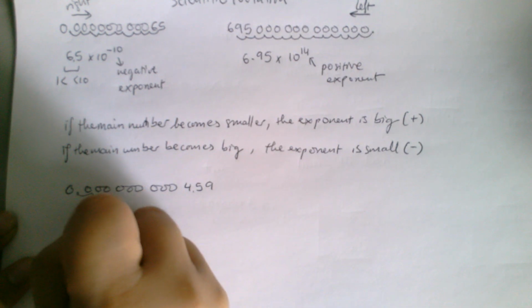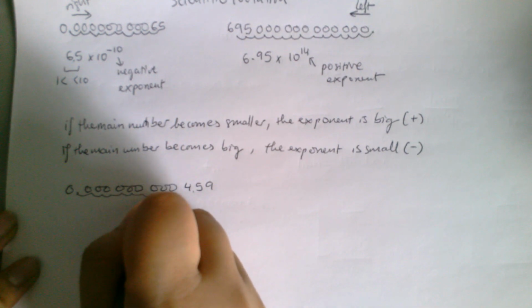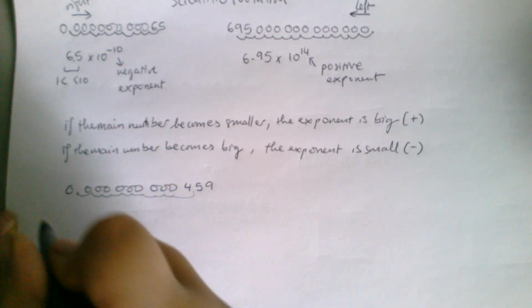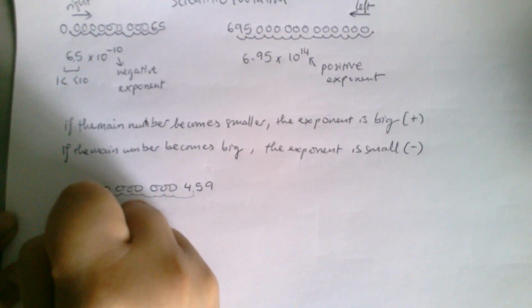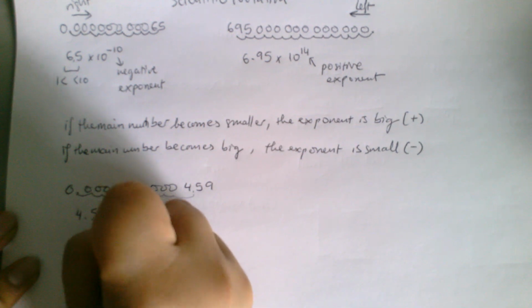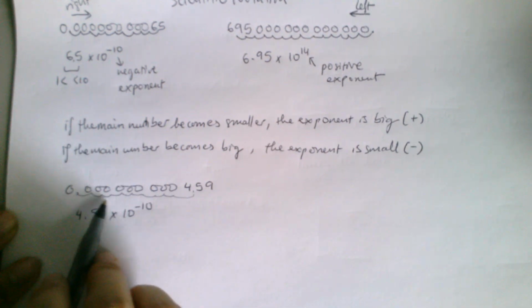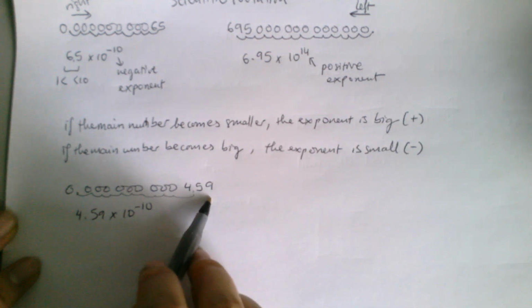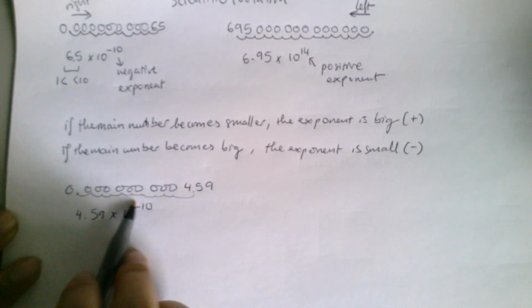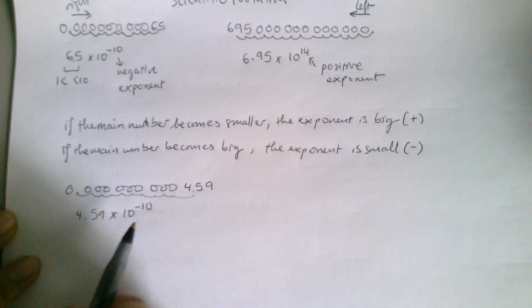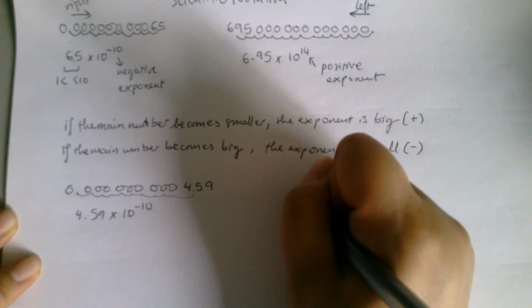So 1, 2, 3, 4, 5, 6, 7, 8, 9, 10. 4.59 times 10 to the negative 10 power. Again, because we move the decimal in the direction that makes this number bigger, our exponent has to be smaller.